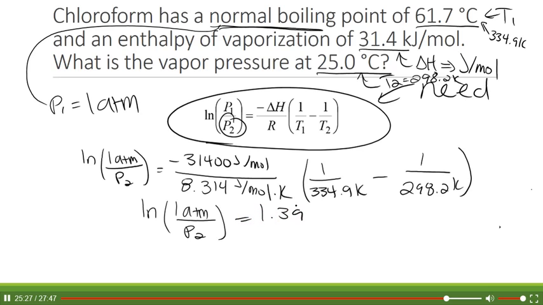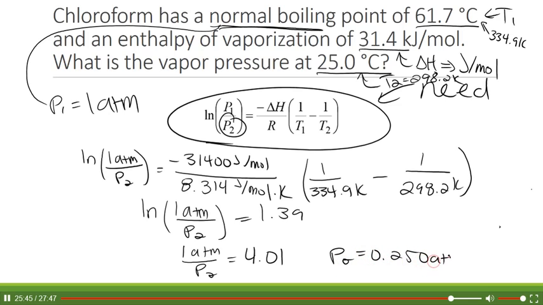We take e to both sides. We get 1 atm over P2 is equal to 4.01. And if we solve for P2, we get a P2 equal to 0.250 atm.